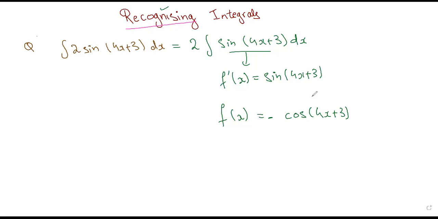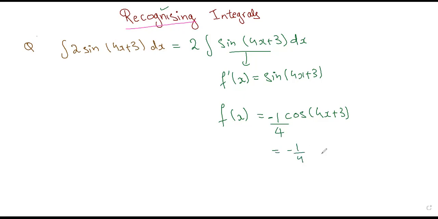And the other thing is that we should have had a 4 here if this was the case. But we do not have a 4 here. It implies that we must be having 1 by 4 here. And now when we differentiate this, we will get minus 1 by 4 as it is.